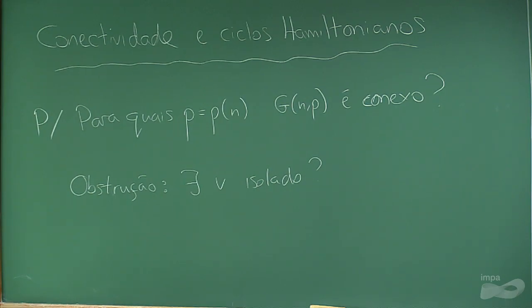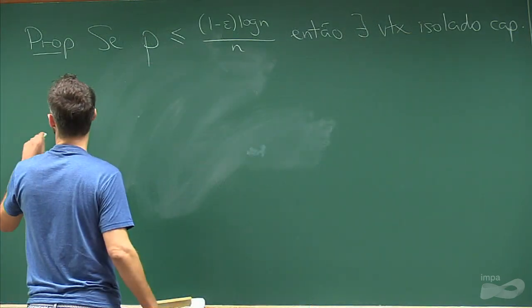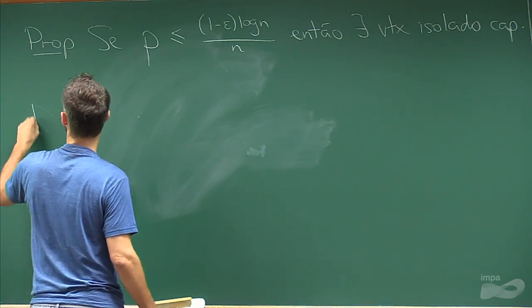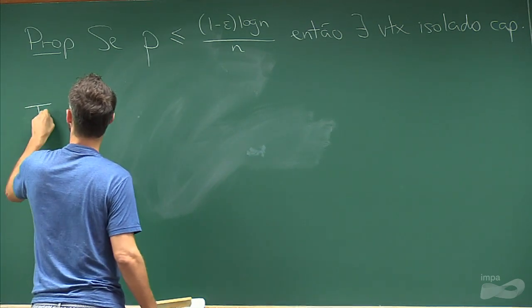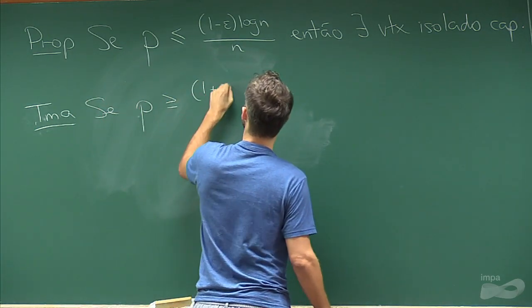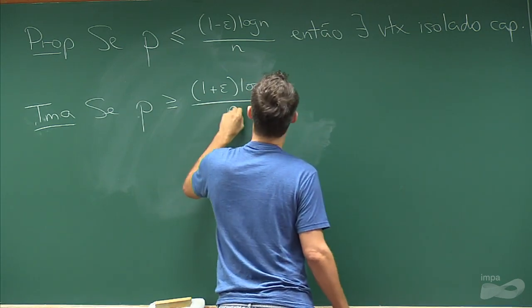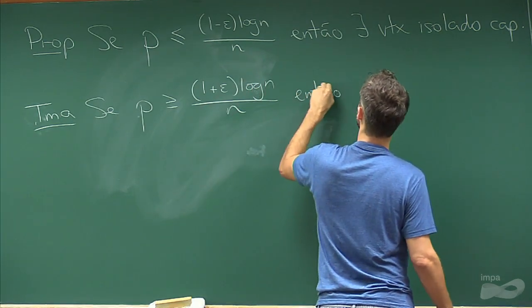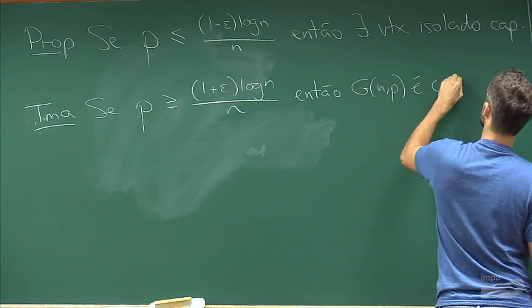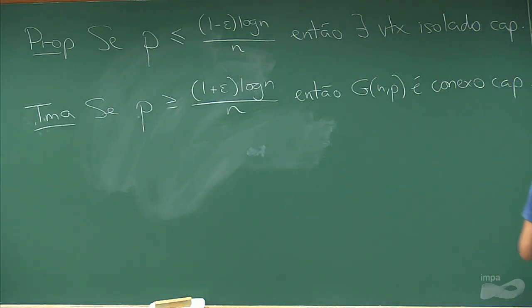Okay. So let's try to prove the theorem: if p is bigger than (1 plus epsilon) log n over n, then with high probability G(n,p) is connected.